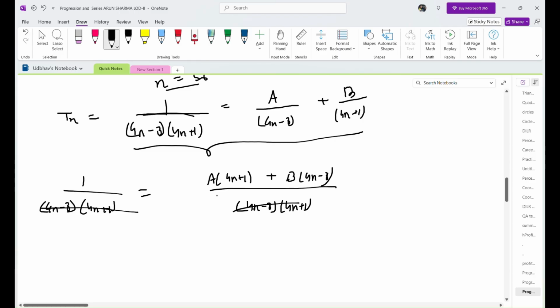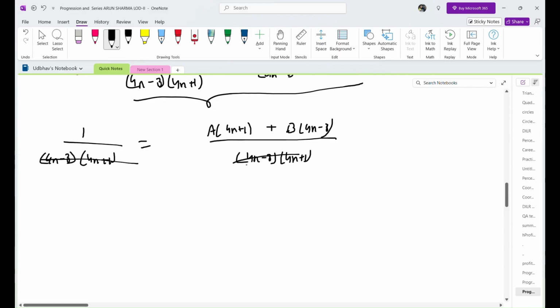Now can you tell me, if we want to find A and B, what's the easiest method? The easiest method that one can think of is, how about we make this A term equal to 0? If this is equal to 0, then B will directly be found and we can find the value of B. So when will that be equal to 0?